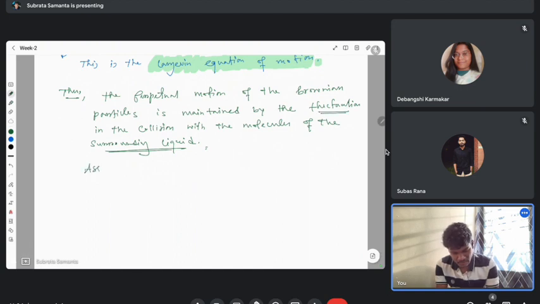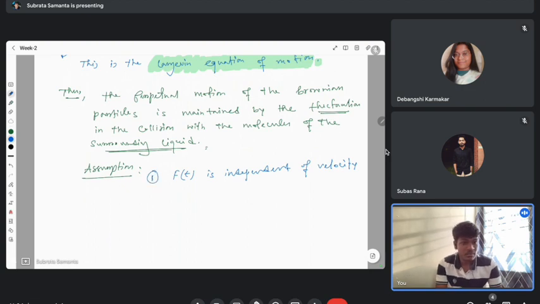The first assumption is that f(t) is independent of the velocity. Whatever the velocity is, this random force always appears.